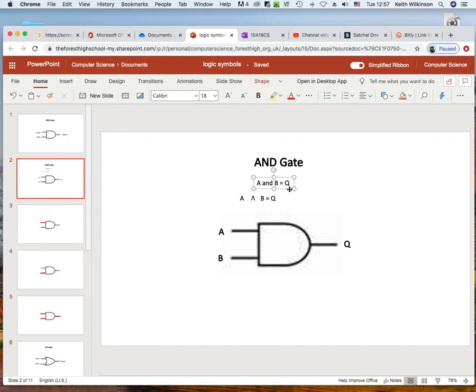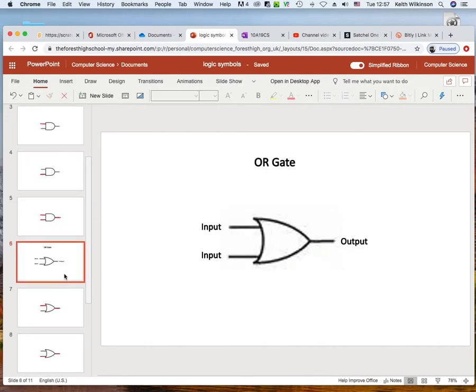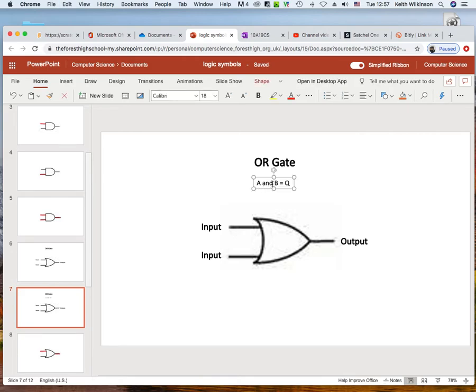So let's take this over to the OR gate and take a look at what happens with the OR gate. Here's my OR gate. Let's make a duplicate and then paste. There we go. So the first one is A OR B equals Q. If my input here is A, my input here is B, and my output is Q, there we go.